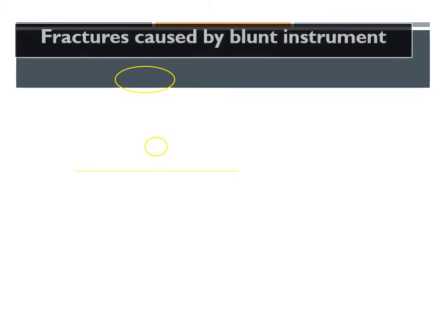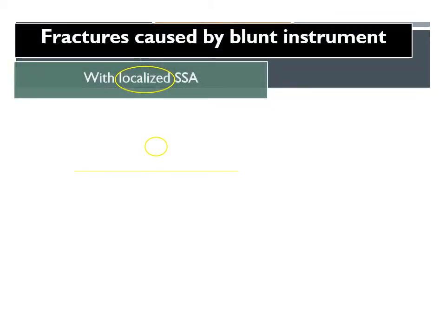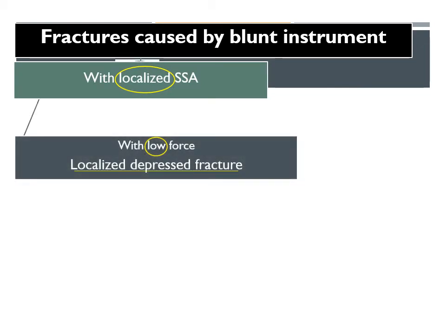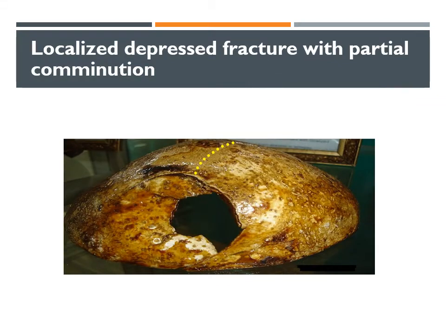So, fracture caused by a blunt instrument with localized striking surface area. The first type is localized depressed fracture caused by low force. Localized depressed fracture with partial comminution, like this picture, has a partial loss of bone.